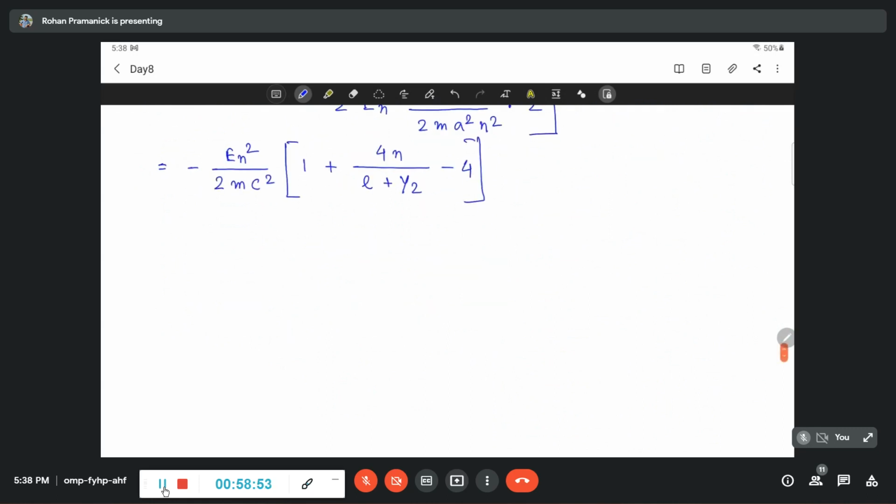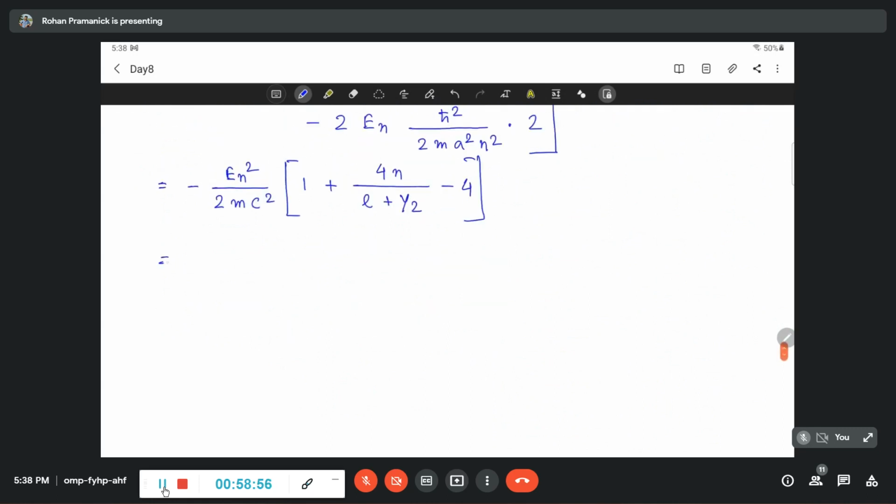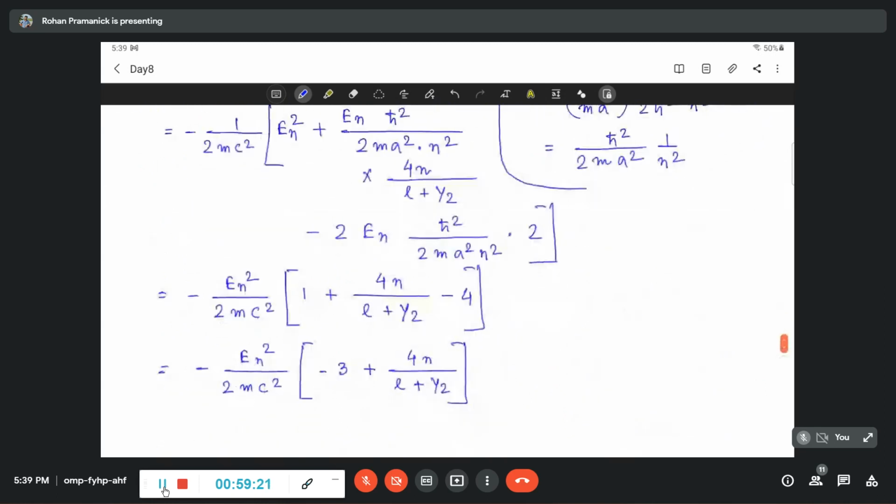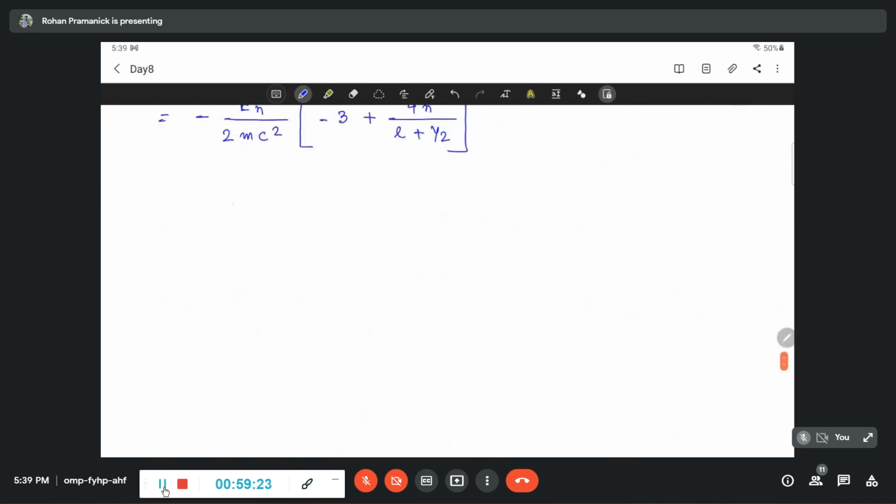So then I have minus en squared by 2mc squared, this becomes a minus 3 plus 4n by L plus half, right? L plus half, yes. Yes, now we arrive at something which looks familiar with the book.